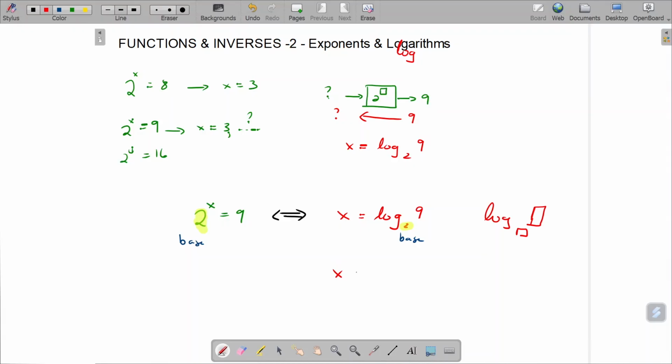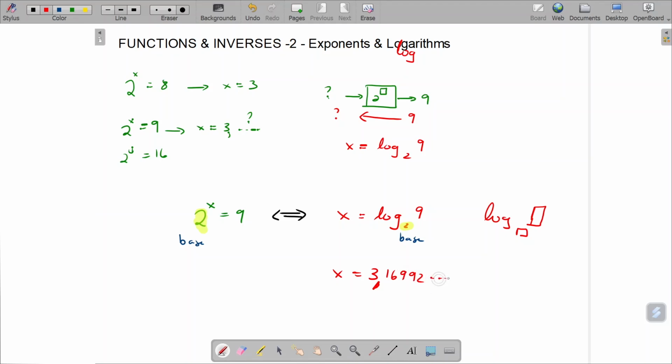Log base 2 of 9 is, and my calculator is saying 3,169925. So we knew it was going to be a bit more than 3, and now we know specifically it's going to be 3,169925.